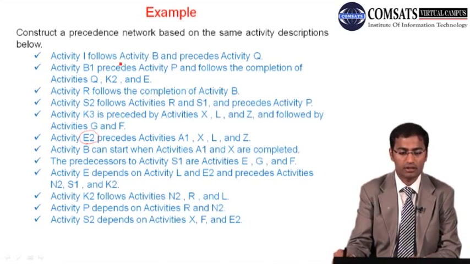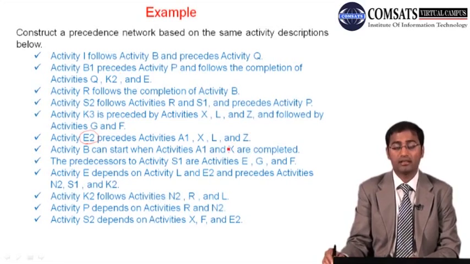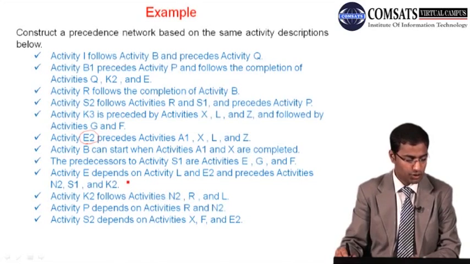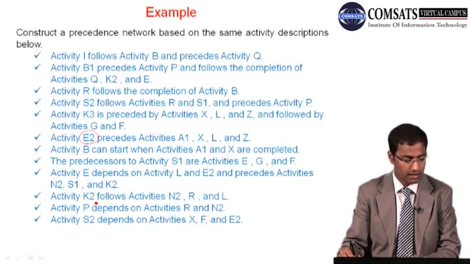So I is Q and B and B1. Then we find out, okay, there is an activity K, K2 and K3. Activity K2 follows activity N2, R and L, and K3.